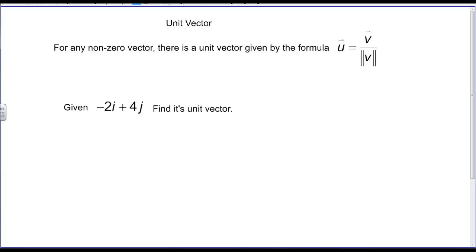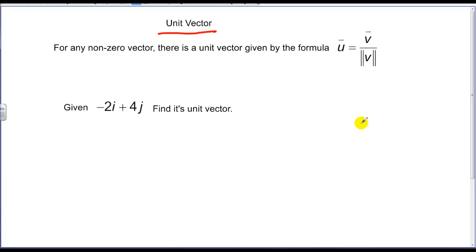Now, if I want to calculate a unit vector, notice this doesn't say standard unit vector. This is a unit vector. For any regular vector, there is a calculation that I use of the vector itself divided by the magnitude will give me the unit vector.